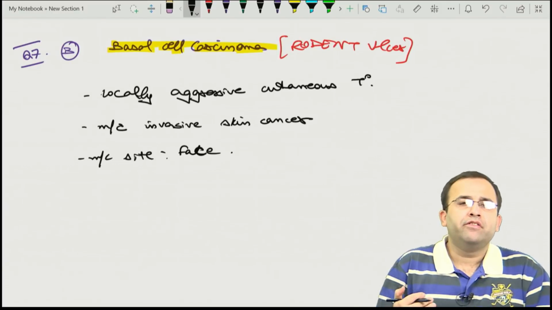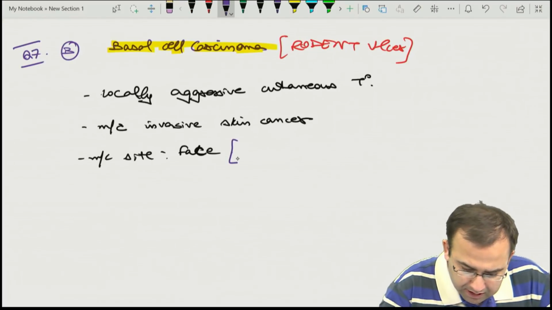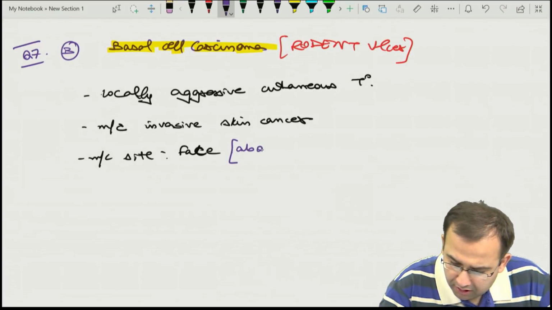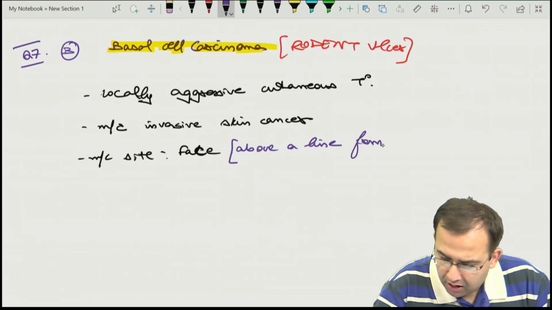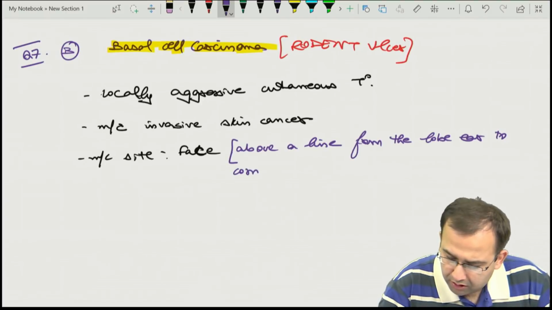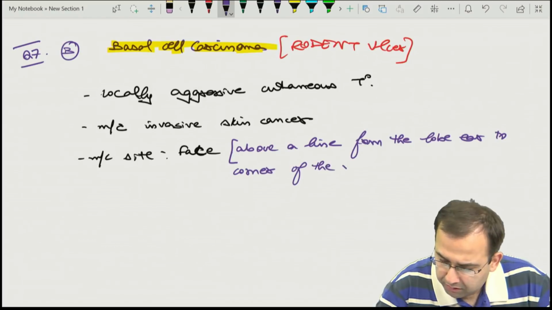Even in the face, it has a characteristic location: it is present above a line from the lobe of the ear to the corner of the mouth.